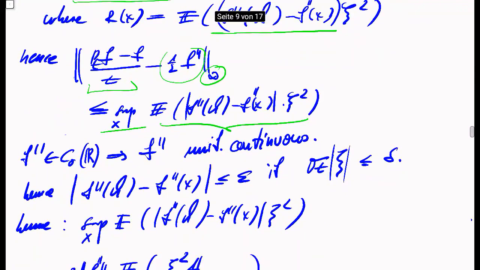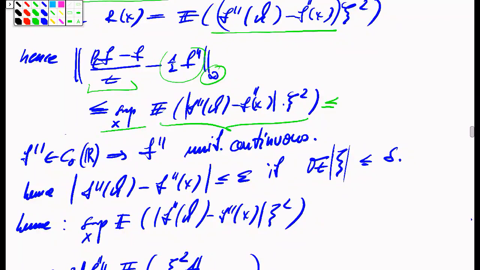And now my job remains to show that this quantity on the right hand side is less or equal to epsilon for any epsilon, provided t is chosen smaller than some t naught of epsilon. That's the job to be done. If that can be achieved, then I have proved that in fact we have convergence of this difference quotient towards this quantity with regards to the supremum norm.